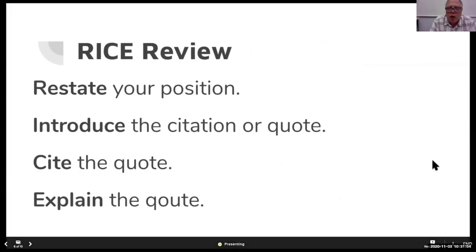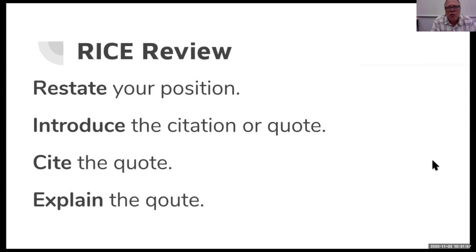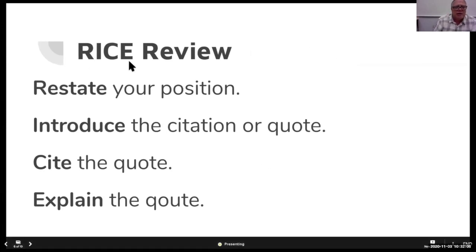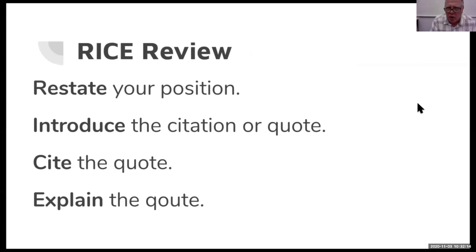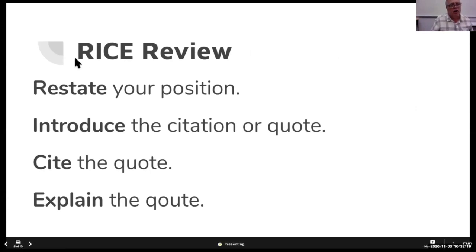So whenever we have to take a position and present evidence for our position, we want to use what is called RICE. RICE is just an acronym that tells us how we would respond in our writing or in our presenting. The R stands for restate. Restate your position or take a position. Say something, okay? Take a stand.